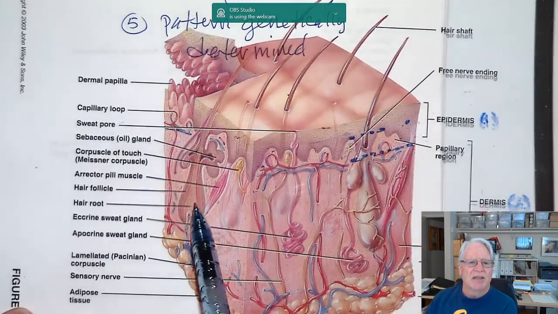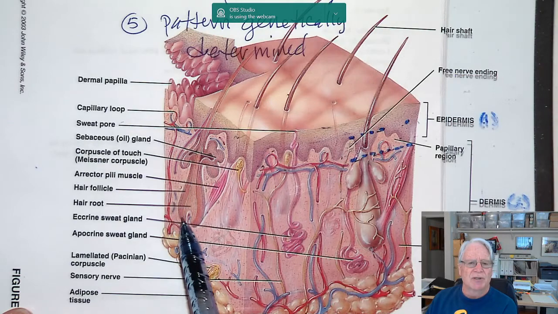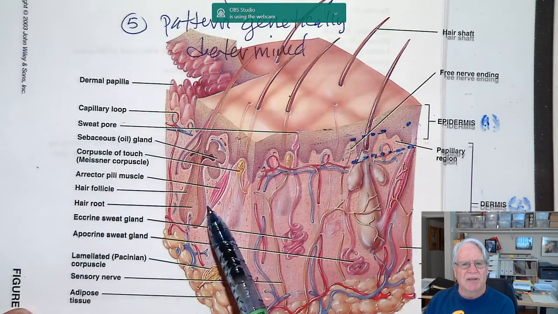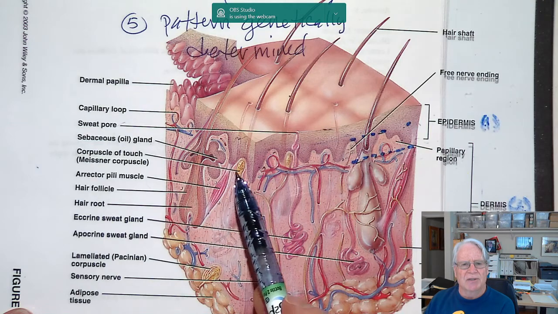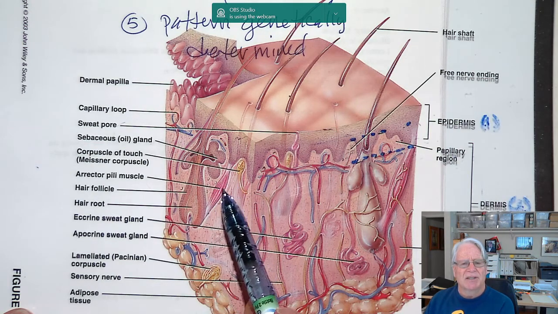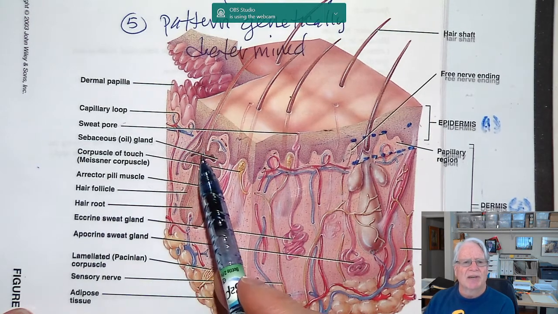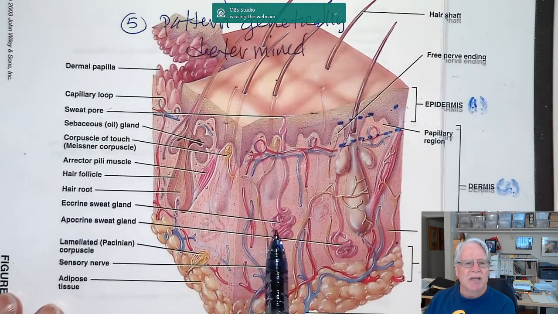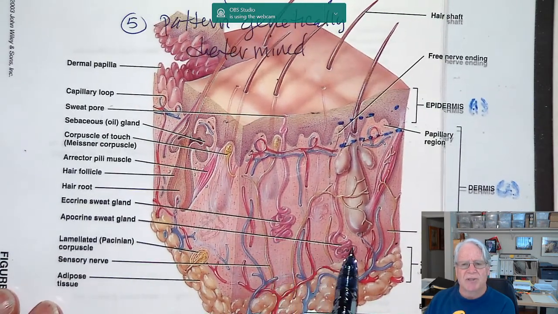That's what we're going to be calling fingerprints. We also find the hair follicle, which is this structure right here. Something I didn't mention, but is definitely there. We'll talk about this when we get into describing the hair. This is the erector pili muscle that's attached to hair. We also have these oil glands, the so-called sebaceous glands. And we have sweat glands, two different types of sweat glands.